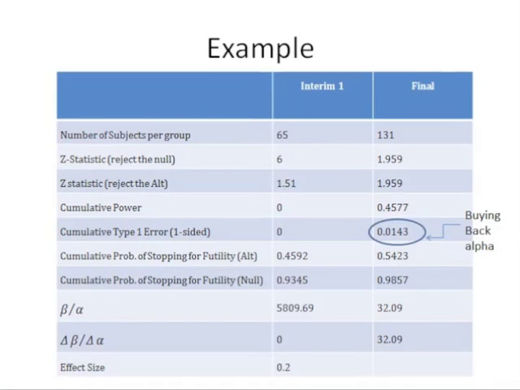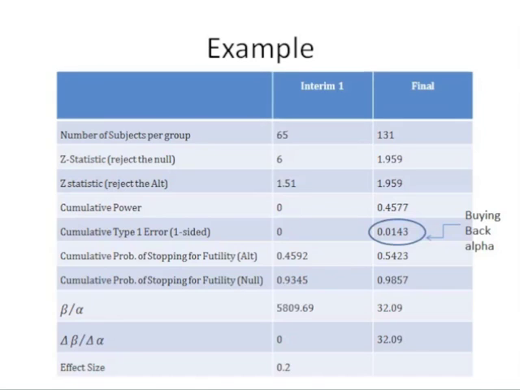So here now we've changed the example a little bit. This design is the same as in the previous slide, with the exception that the futility boundary at the interim is changed from -5 to 1.51. This has the effect of reducing the type 1 error from 0.025 to 0.0143. This phenomenon is commonly called buying back alpha. And changing the futility boundary as we did here also has the effect of reducing the power from 0.63 to 0.46.